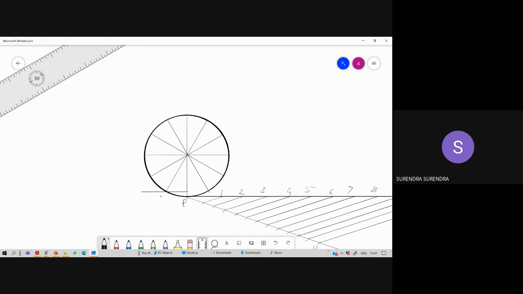Let the first point be P. 1, 2, 3, 4, 5, 6, 7, 8, 9, 10, 11, and finally to P.